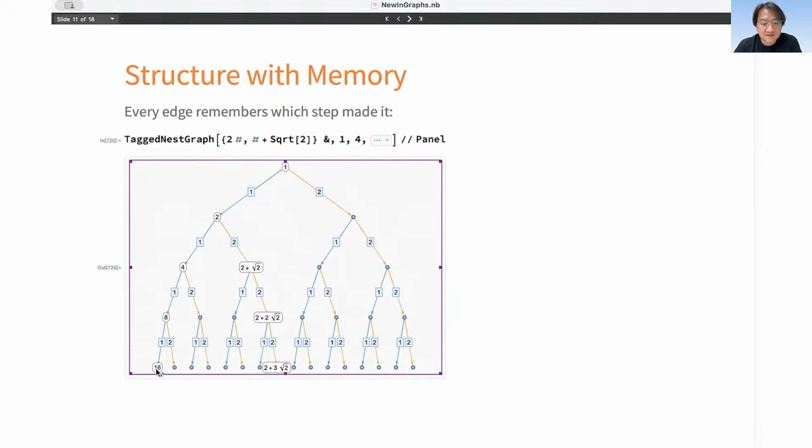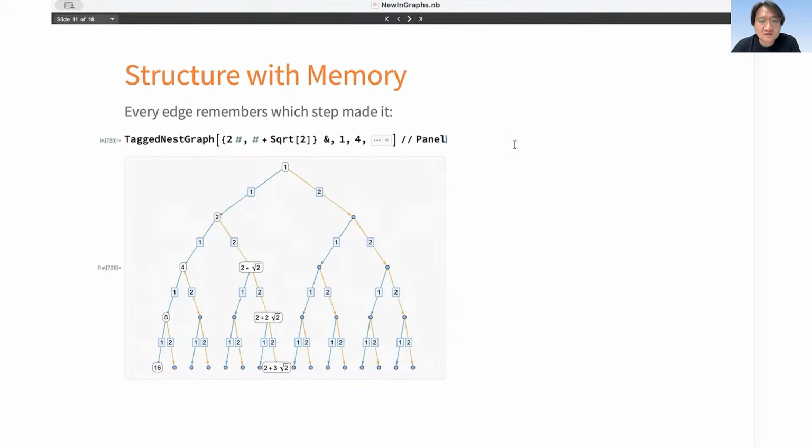So for example, take 16. If you go back from 1, it's just using the left rule four times to reach this vertex. And then here, 2 plus 3 square root of 2: if you follow it from the start, it uses the first rule, then the second rule, and the second rule again.